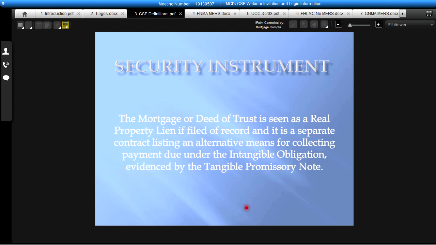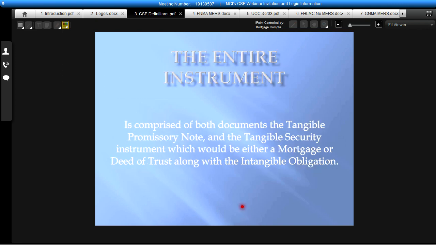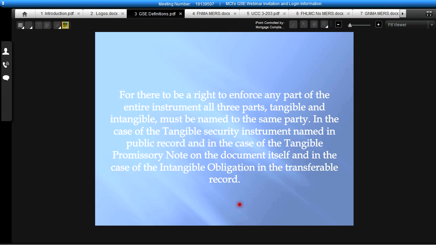The entire instrument is comprised of both documents, the tangible promissory note, the tangible security instrument, which would either be a mortgage or deed of trust, along with the intangible obligation. For there to be a right to enforce any part of the entire instrument, all three parts, tangible and intangible, must be named to the same party.